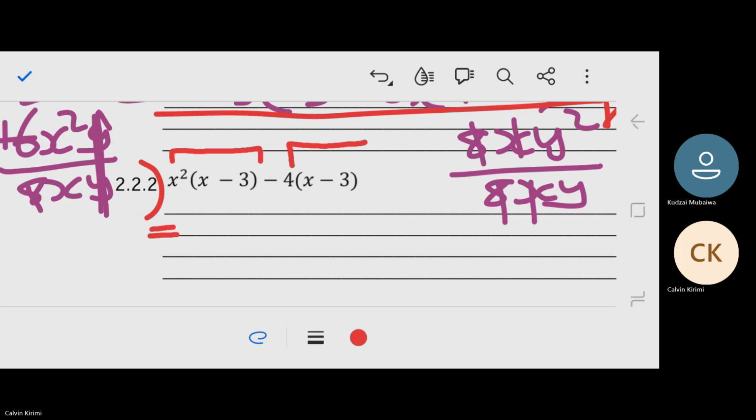So what is common between those 2 terms which are subtracting each other? Because once you fail to find out which one is a term, you won't be able to factorize. So what is common? -3. It's not -3, but it's what?